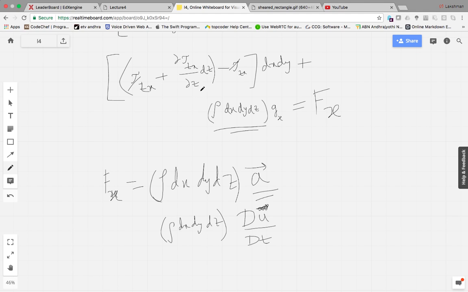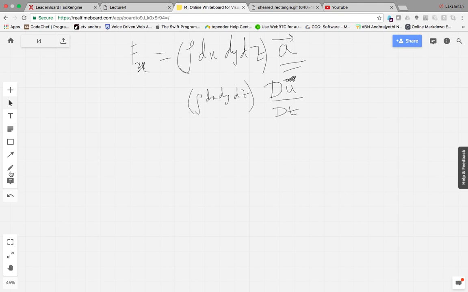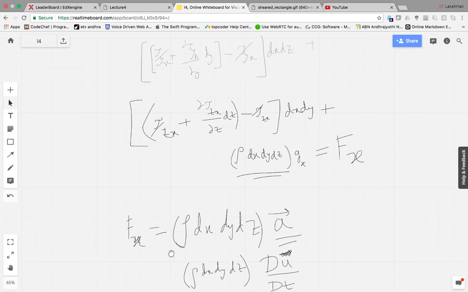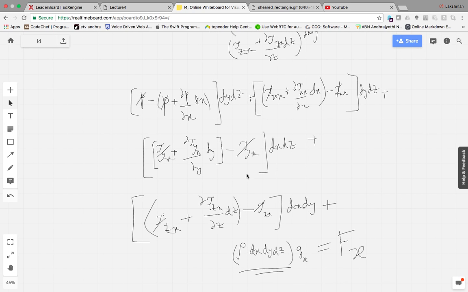This is the derivative of velocity with respect to time, a complete derivative, by the way. This is from standard calculus, where acceleration is nothing but the rate of change of velocity.